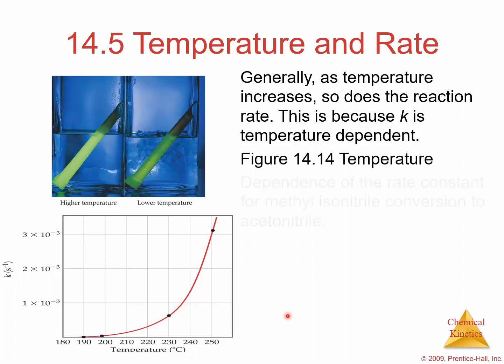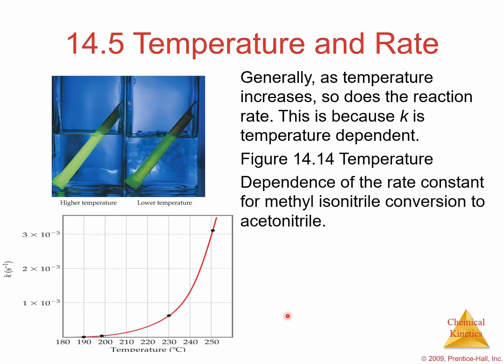Now, this figure shows us the temperature dependence of the rate constant for the conversion of methyl isonitrile to acetonitrile, and in this figure here, we have high temperature and lower temperature. We can see temperature affects the rate of the chemiluminescence reaction in light sticks. This is called a light stick.